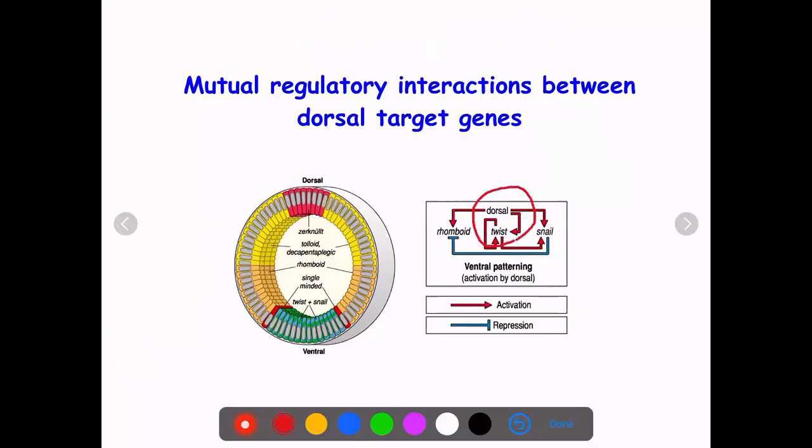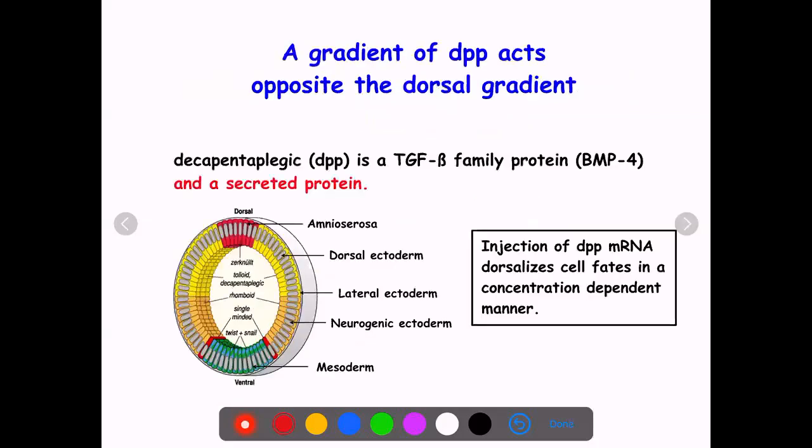Dorsal is activating twist, okay? And we'll go back to dorsal. What will happen is that this DPP, decapentaplegic, is a TGF beta family protein, which is BMP4, and this is a secreted protein.